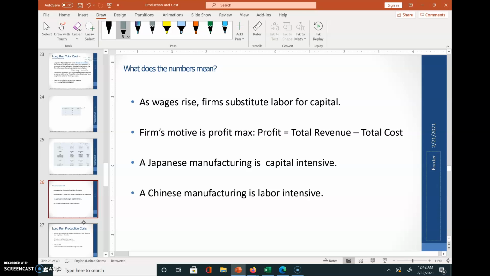So as wages go up, firms are substituting labor for capital.